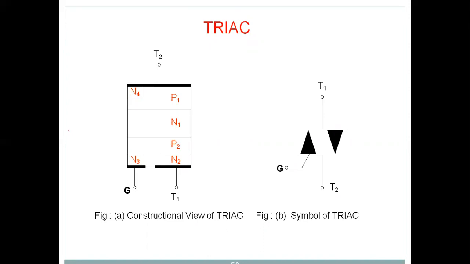Terminal T2 makes contact with layers P1 and N4, and the gate terminal makes contact with N3 and P2. This configuration is necessary for conducting the TRIAC in both directions and also for giving a triggering pulse to the gate terminal, which is either positive or negative with respect to T1.